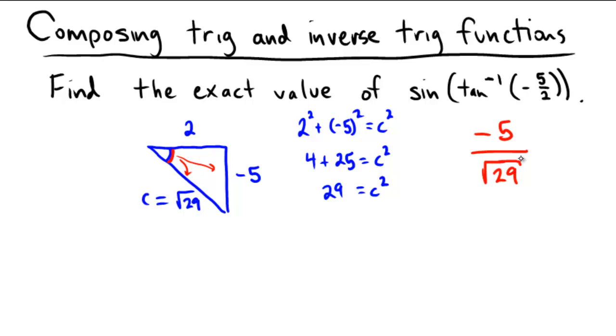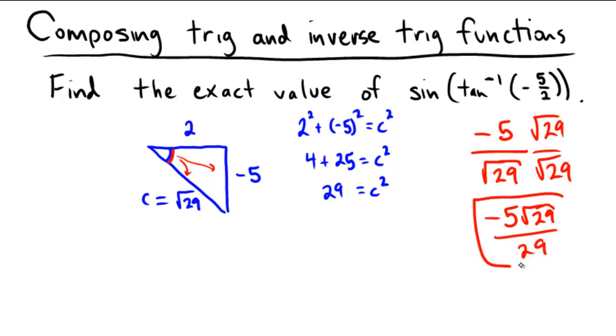So for my class, that's good enough: negative 5 over rad 29. But if you're in a class that requires you to rationalize denominators, another correct answer would be to say negative 5 radical 29 over 29 for the sine value of the arctangent of negative 5 over 2.